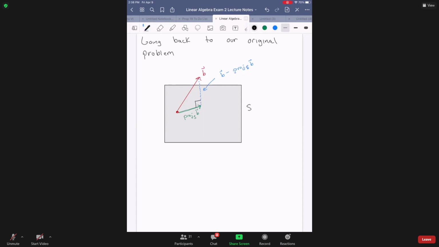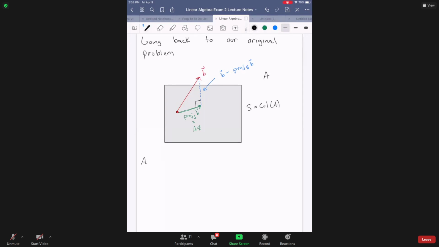We have a matrix A. S is going to just be the column space of A, right? In other words, this vector here is going to be A times X, for that particular X we're trying to find, okay?